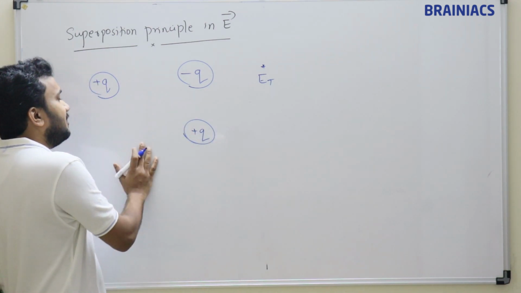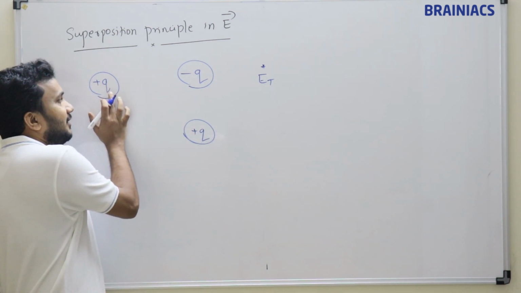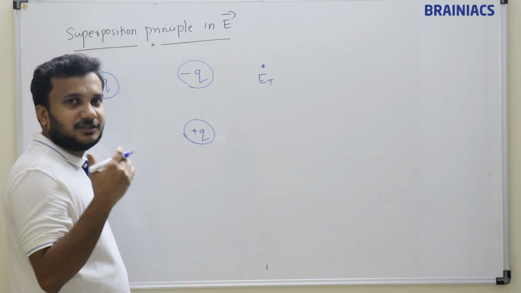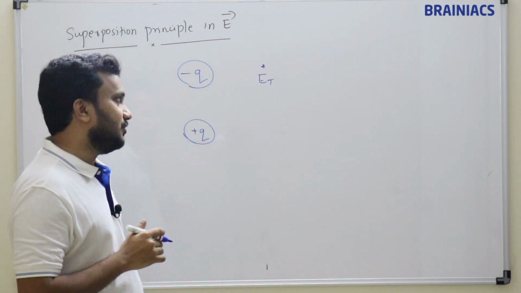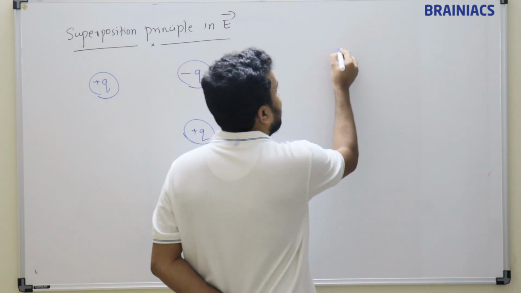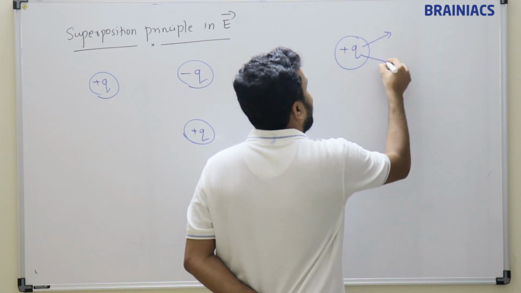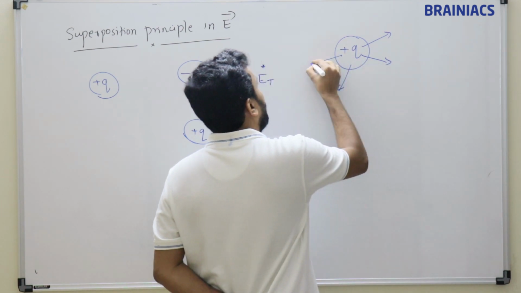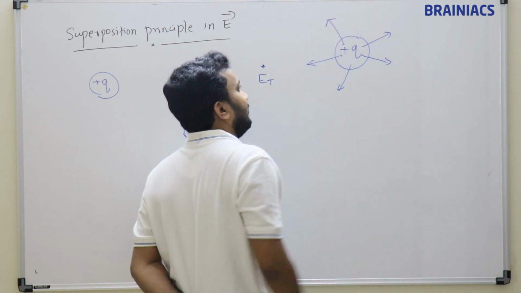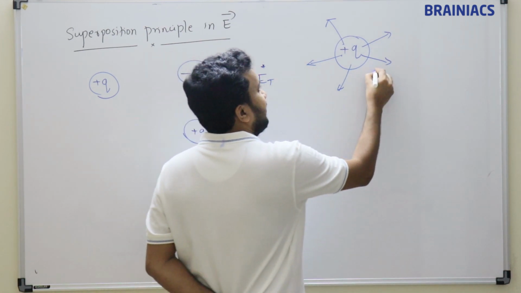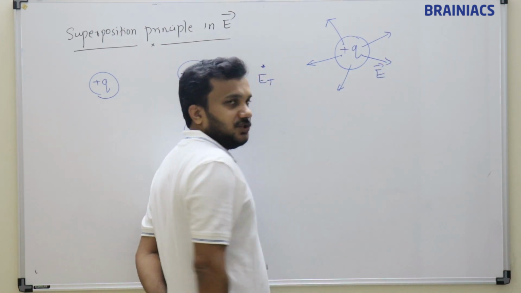The first property is that the electric field lines, or electric fields, are always away from the positive charges. Let's take an example. Suppose I have a plus q charge. The electric field lines are always outward. This is the direction of electric field lines for a positive charge.